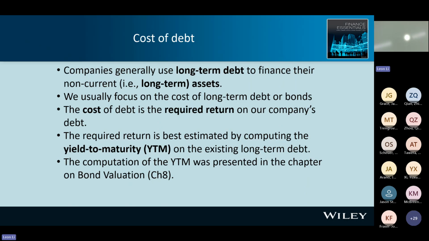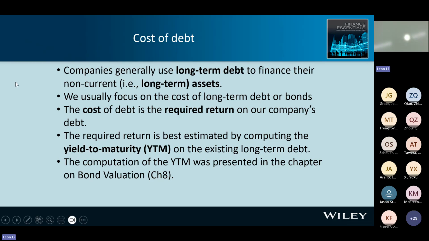So we usually focus on cost of long-term debt or bond. The cost of debt is the required return on the company debt. And required return is best estimated by computing the yield to maturity, or the YTM, on the existing long-term debt.